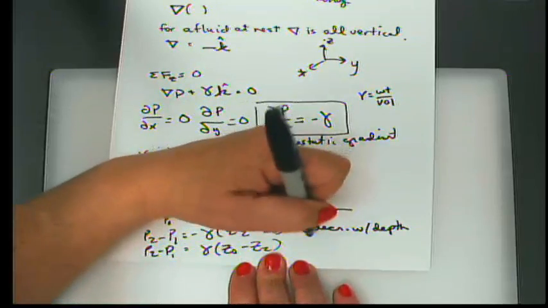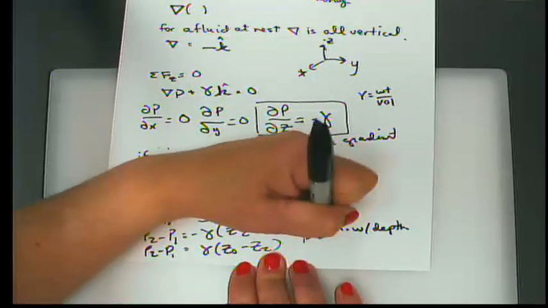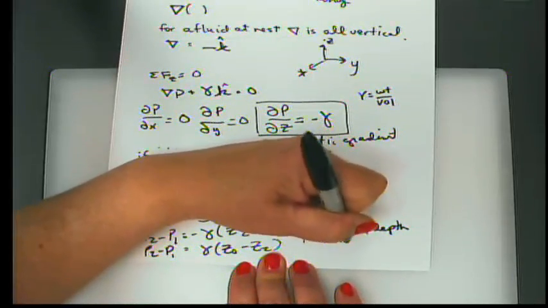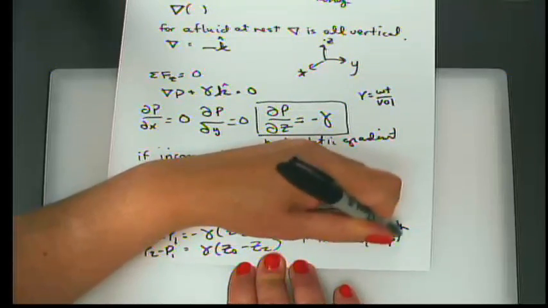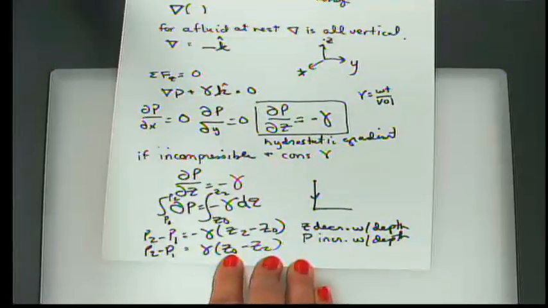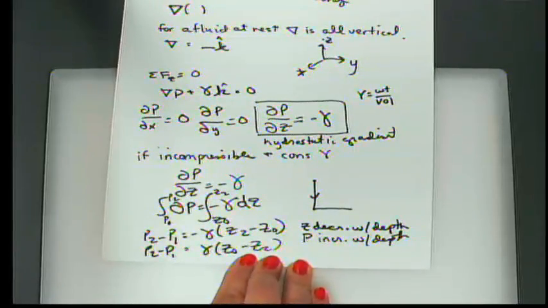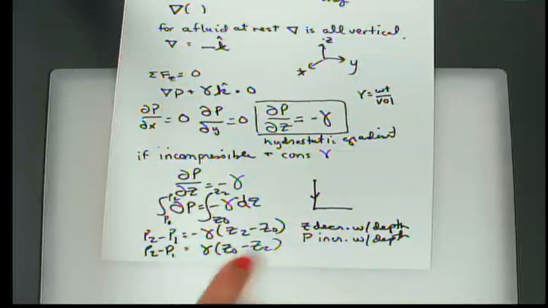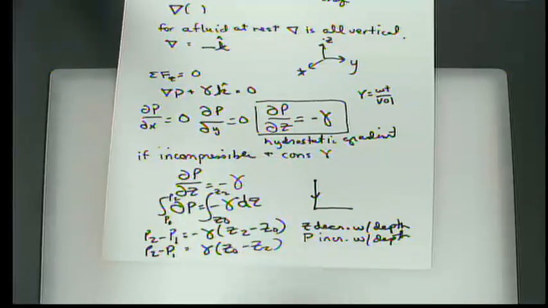Z decreases with depth, and pressure increases with depth. And that's why the minus sign shows up. Often when people work with this, they'll just say a deeper depth equals a greater pressure, and then you use this as a delta, and the minus sign goes away.